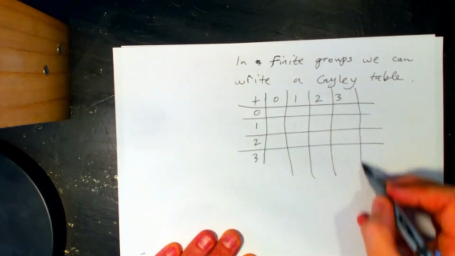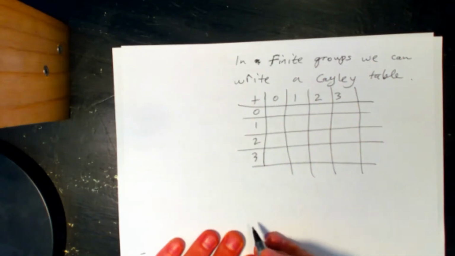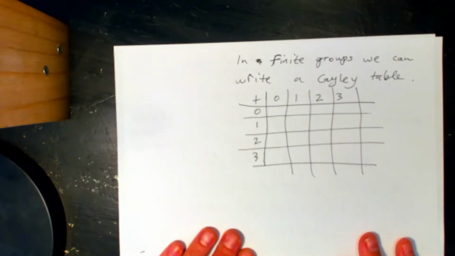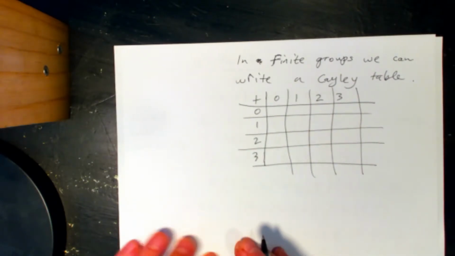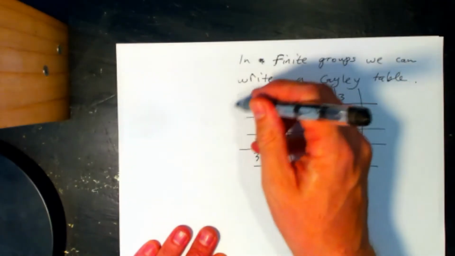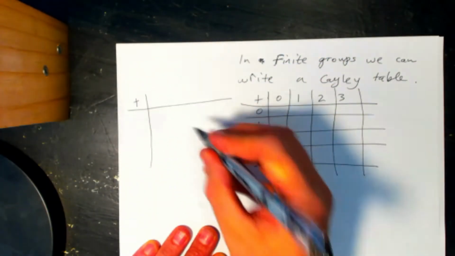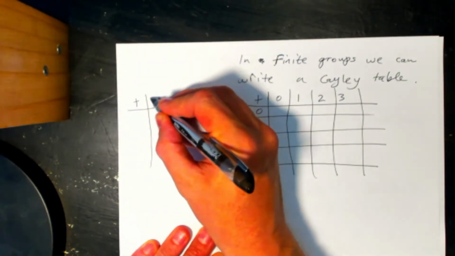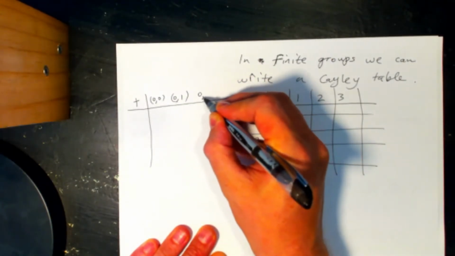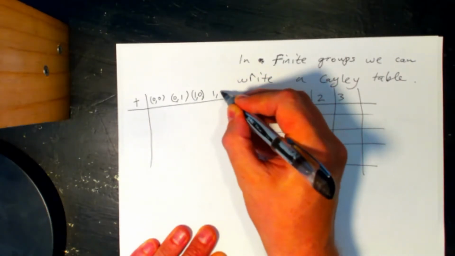Okay, and what we want to do is just write the binary operation of these, right? So this is an example of a Cayley table, but I'll also do so for the Klein group. And so I should probably just put that over here on the left. Okay, and I'll write 0, 0, 0, 1, 1, 0, and 1, 1.